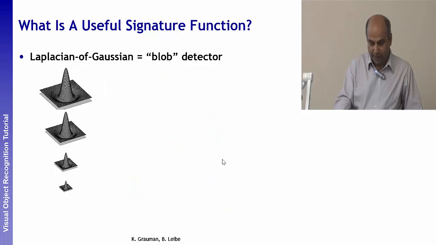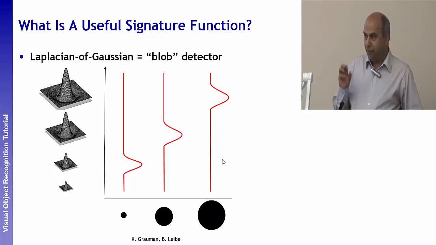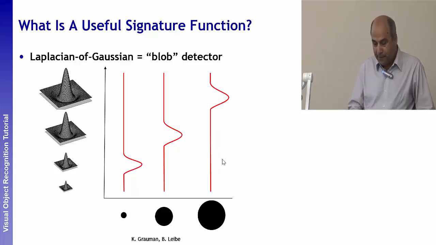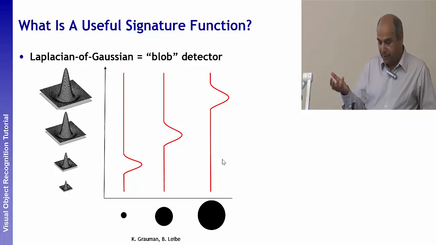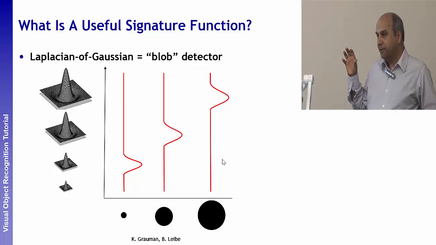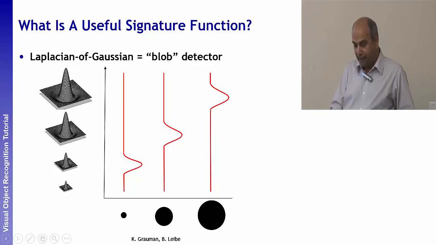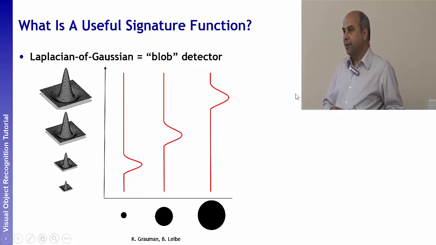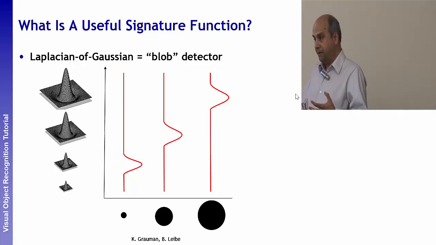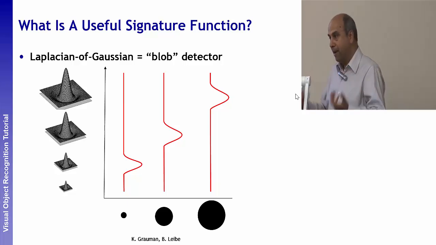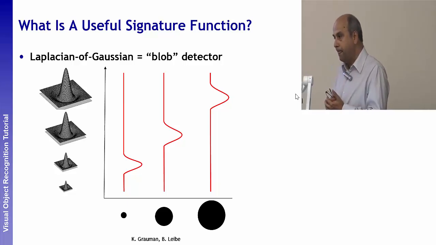In the same image or different images, we have different sizes of blobs. If we want to detect this blob, then this will be the right scale, it will give you a high response. For this one, this will be the right scale, and so on. That's why this Laplacian Gaussian is also called a blob detector. It will detect a blob.